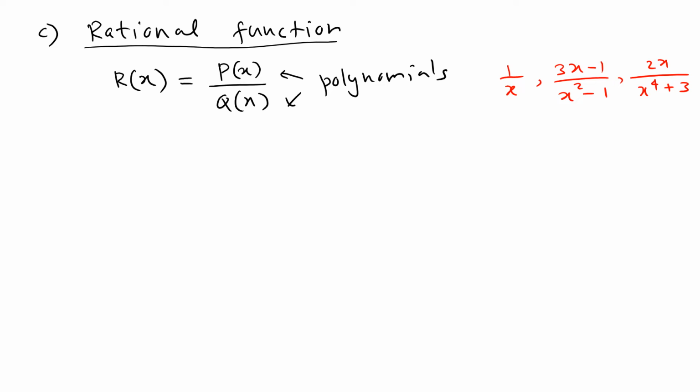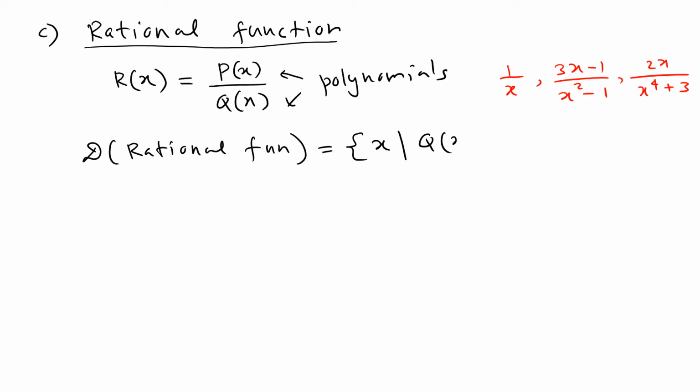So the domain of a rational function is found by removing the values that make the denominator 0.